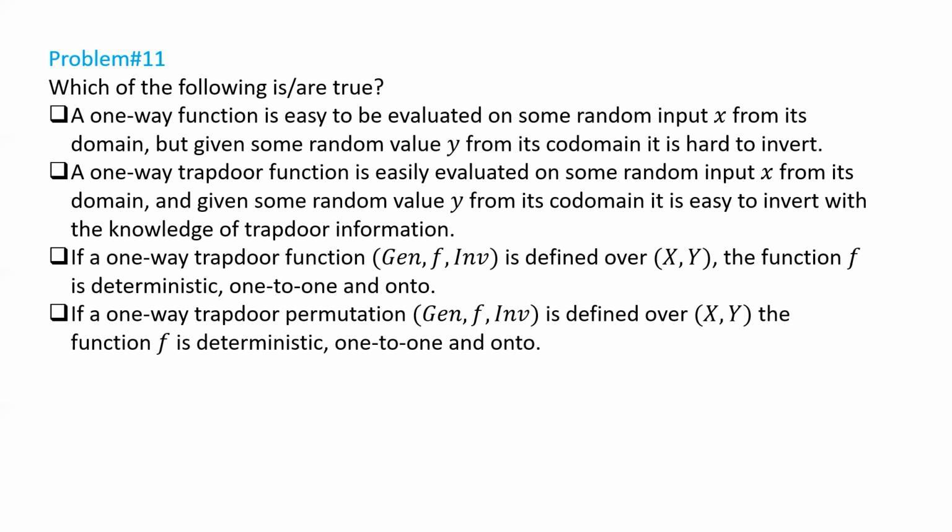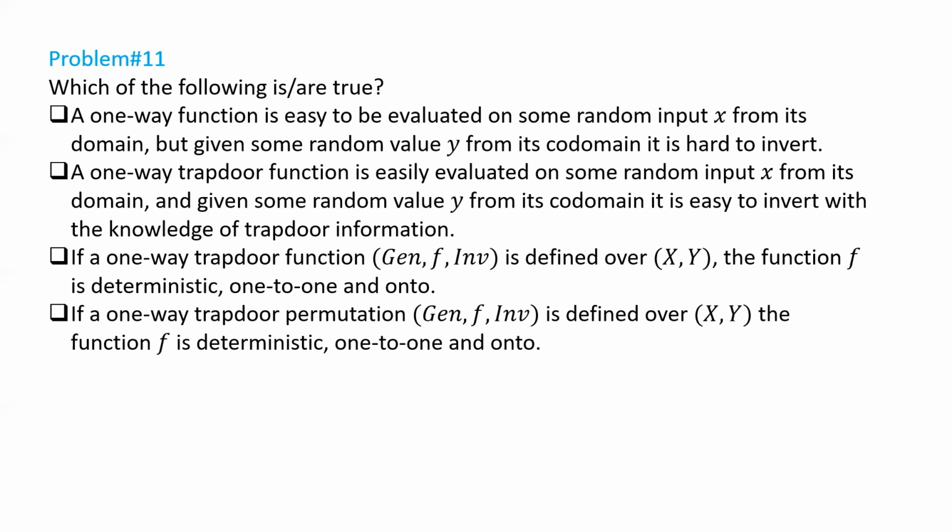In the case of a one-way trapdoor function, it is the same as a one-way function, except that there will be some extra information called the trapdoor. Without the knowledge of the trapdoor, it is hard to invert a random y of the codomain space of the function.